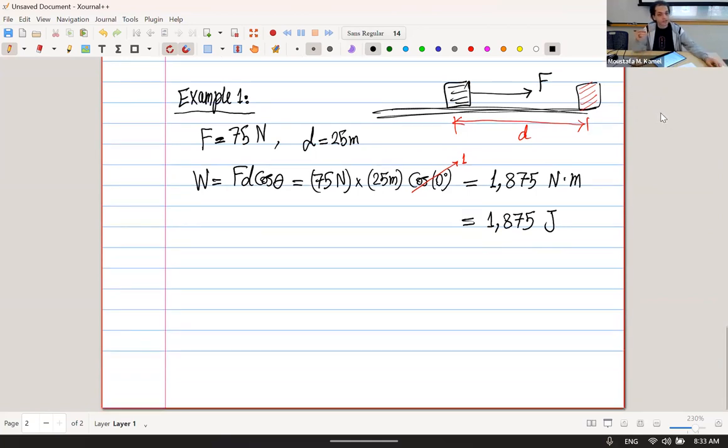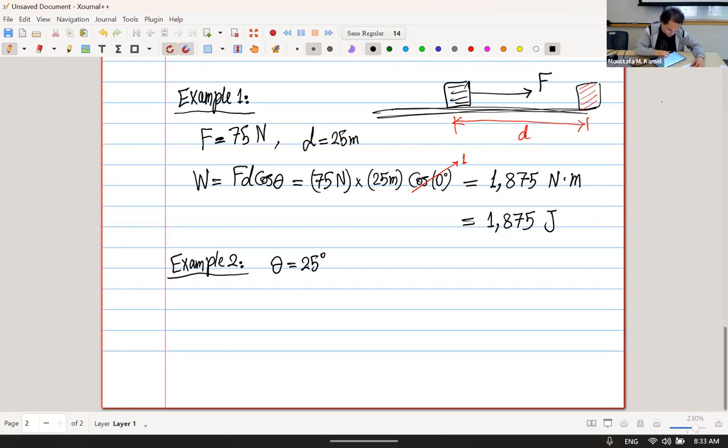If we apply the same force over the same distance, but with an angle, let's assume we have an angle of 25 degrees. Let's assume this time theta is 25 degrees.